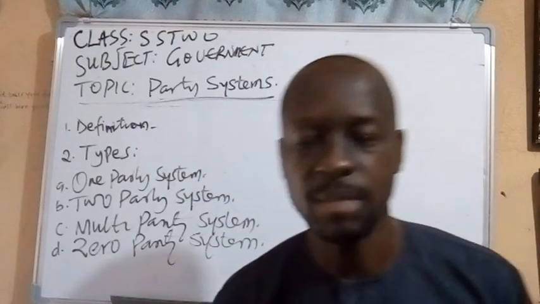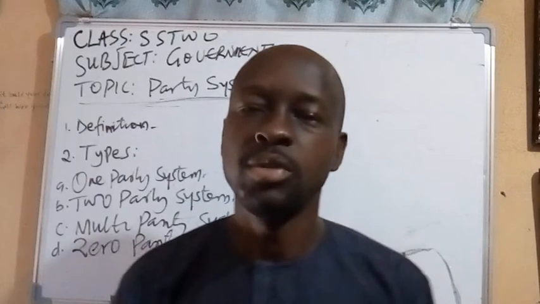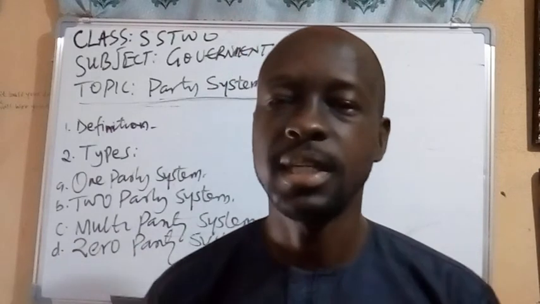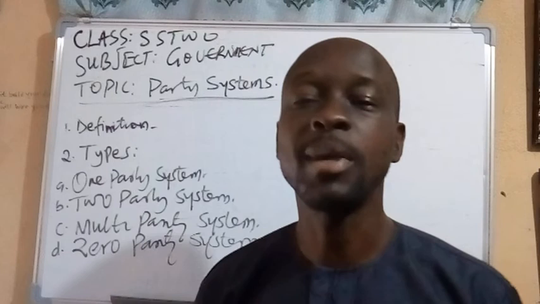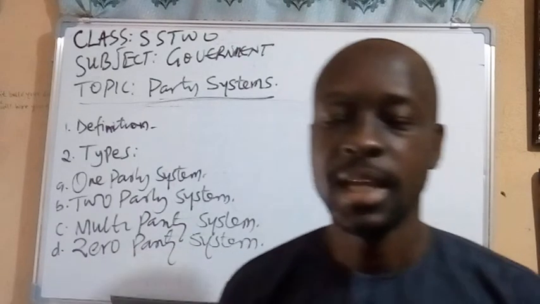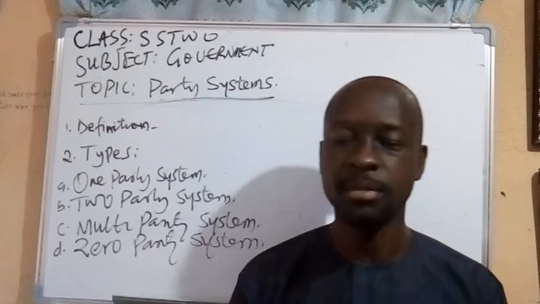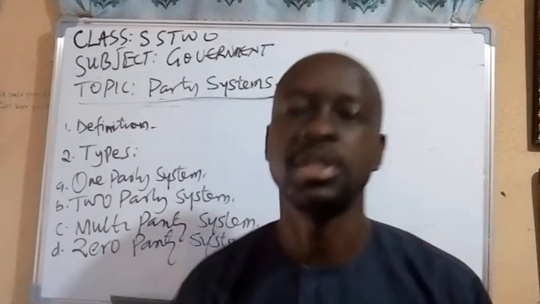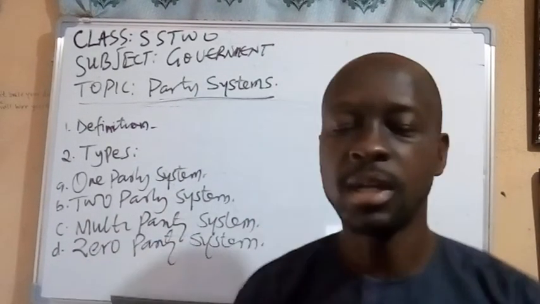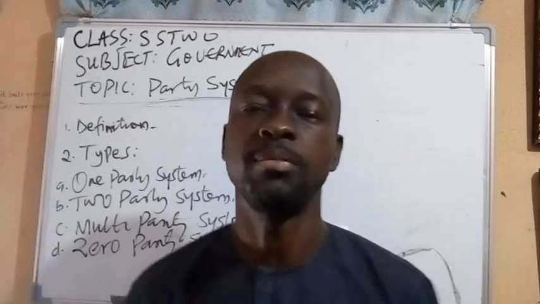What is a party system? To define a party system, we say that the party system refers to the number of political parties operating in a political system, as well as the sum total of the relationships existing among all the parties within the political system.